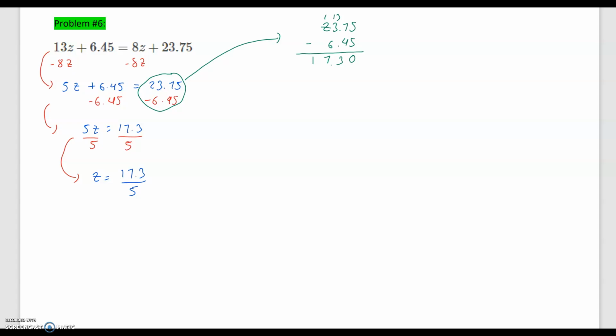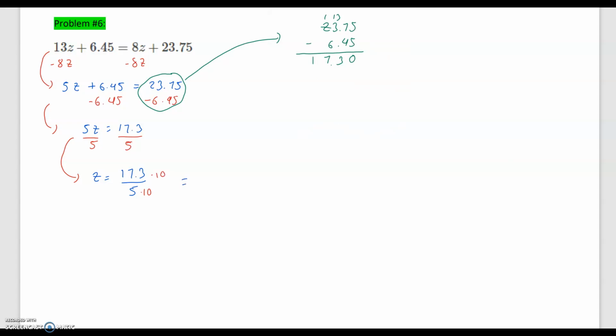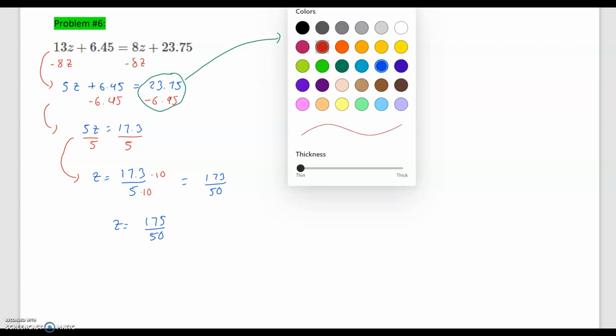One way is as a fraction. If we express it as a fraction, we have to remove the decimal, so multiply by 10 and by 10. And this is going to give us 173 divided by 50. So this is one way to express the solution. Those don't reduce further, so that would be one way.